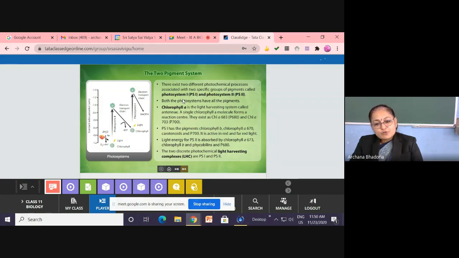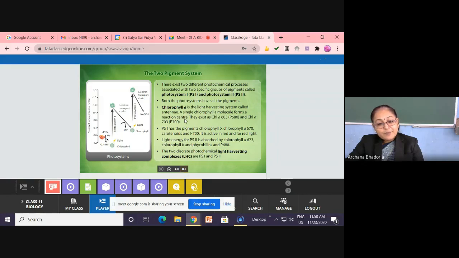We call them photosystem 1 or pigment system 1, and photosystem 2. Both systems have all the pigments. Chlorophyll A is the light harvesting system called antenna. A single chlorophyll molecule will form a reaction center.